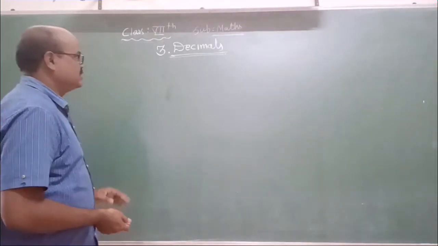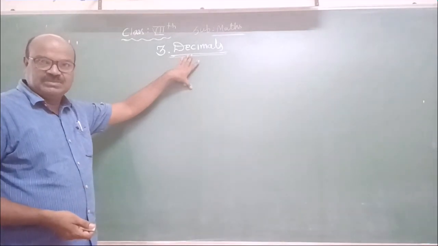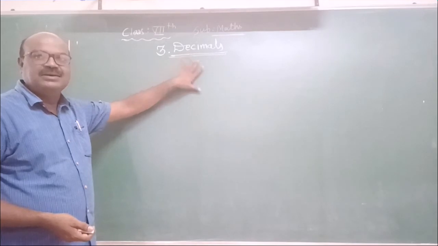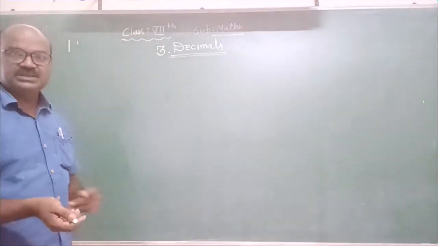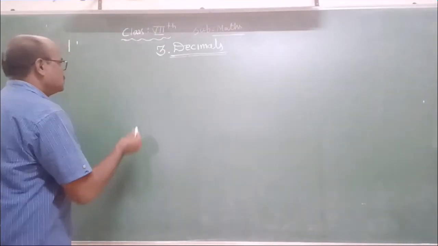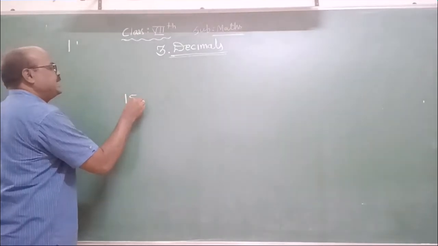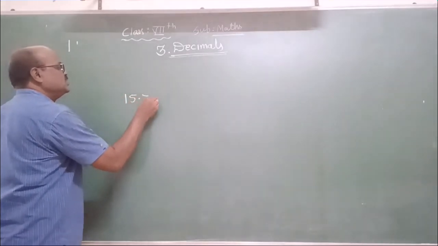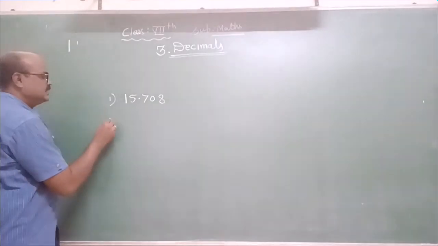First of all, in the introductory part of decimals, which is our third lesson, let us see. I am going to write some examples related to decimals. First example I have written: 15.708.